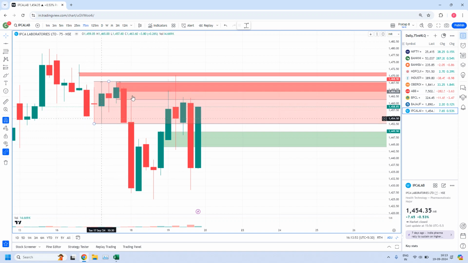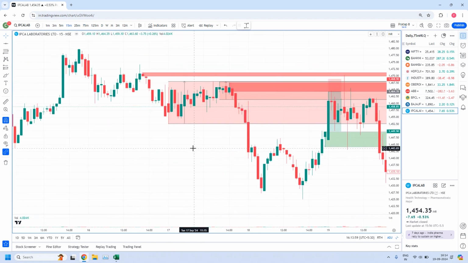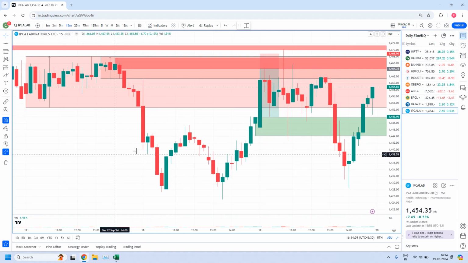And this 75-minute zone is fine-tuned with a 15-minute zone. So in the 15-minute time frame, we have a rally, we have 1, 2, 3, 4, 5 base candles, and then a drop candle. And this 15-minute zone is again fine-tuned with the 5-minute time frame.